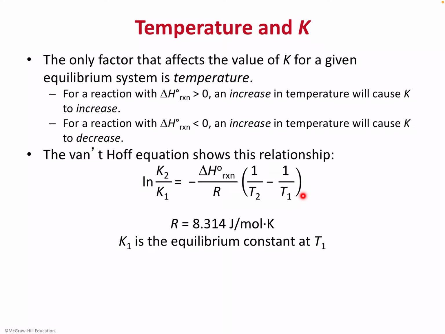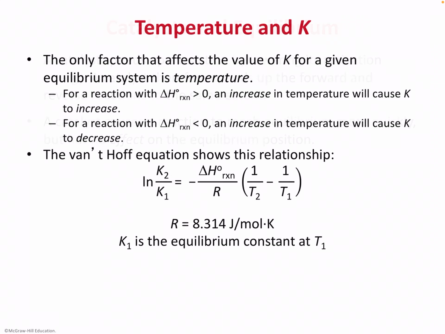It's called the van 't Hoff equation. ln K2 over K1 equals negative delta H naught of the reaction, and this is the delta H of the reaction at two different temperatures, and what are their equilibrium constants. So we can find out that relationship. K1 and K2 are the equilibrium constants at temperature 1 and temperature 2. K1 correlates with T1, K2 correlates with T2.